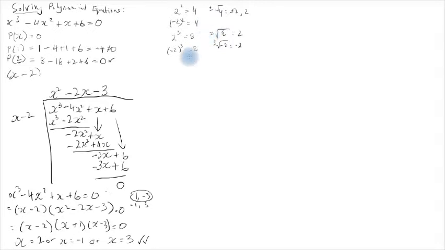Now if we were to continue going, we could say 2 to the power 4 is 16, minus 2 to the power 4 also is 16, and we can also do 2 to the power 5 is 32, or negative 2 to the power 5 is negative 32. So this sort of trend continues.